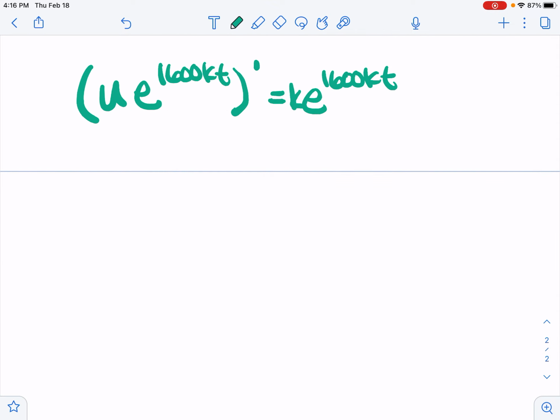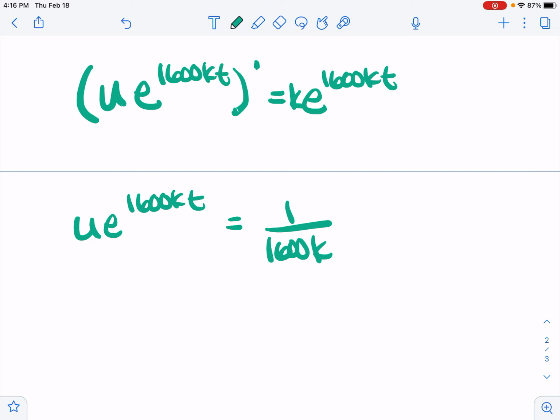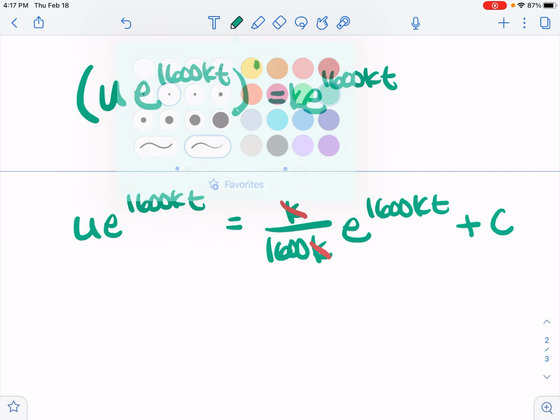I integrate both sides, and I have u e to the 1600 kt equals 1 over 1600 k times k e to the 1600 kt plus c. Get a little cancellation in the k's there, which is always welcome.